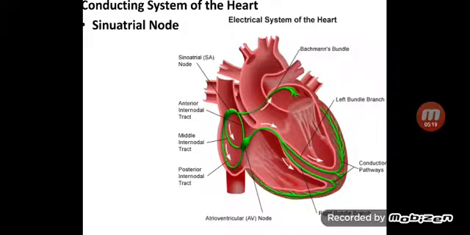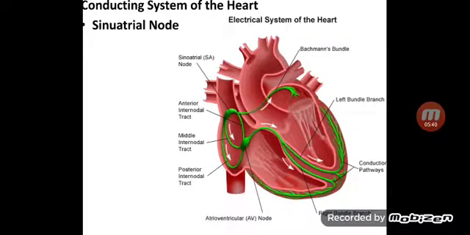The sinoatrial node, as you see in this slide, is located on the anterior wall of the right atrium, at the upper part of the sulcus terminalis, just to the right of the opening of the superior vena cava. This is the site of initiation of impulse.